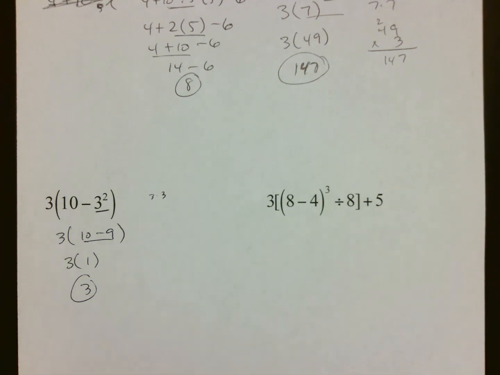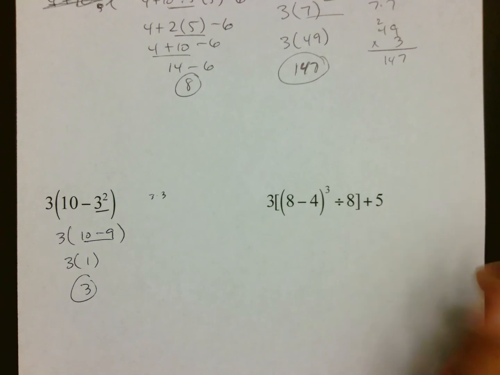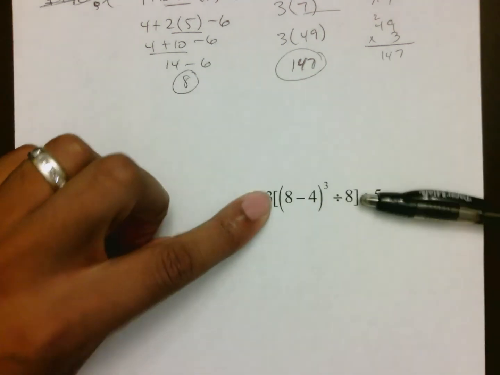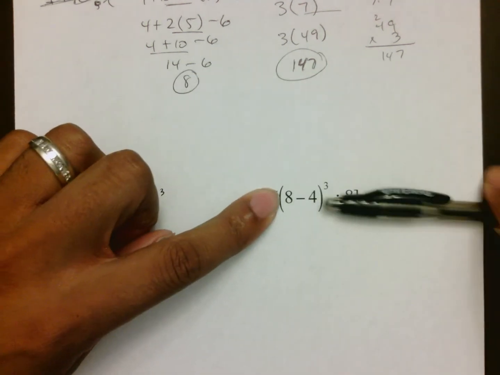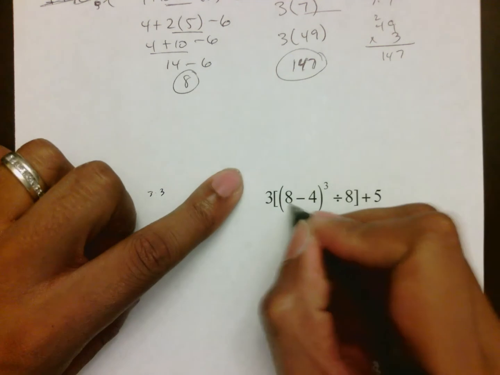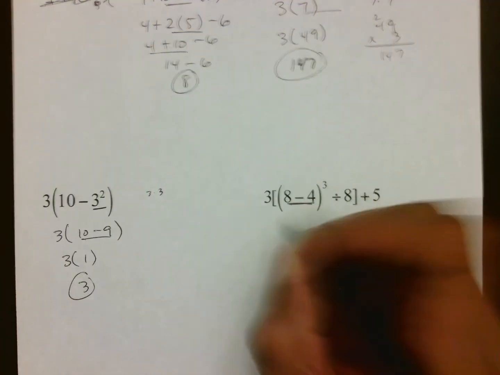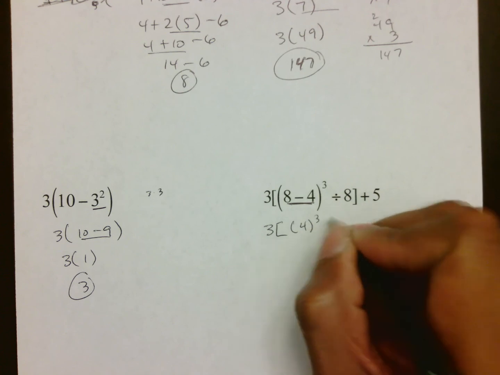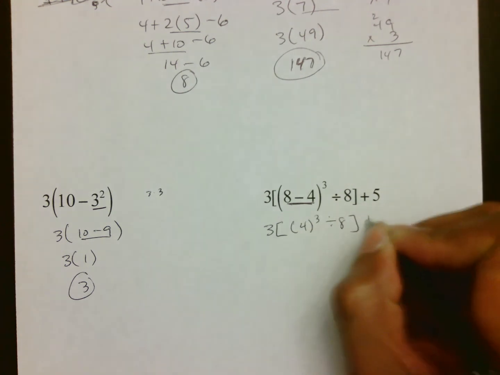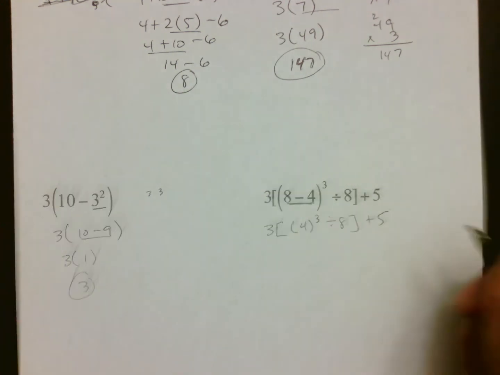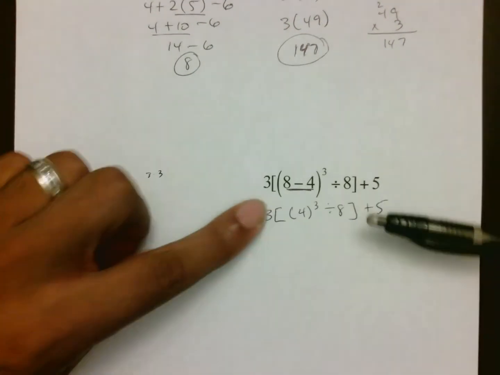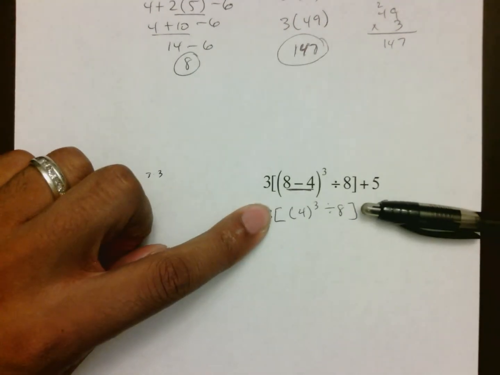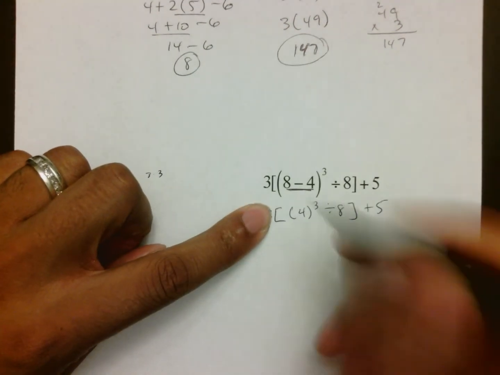Your fourth example shows us what happens when we have brackets and other things. Again, the first thing that catches our attention is the brackets, but inside those brackets is a parentheses, which means the first thing we do is 8 minus 4. So rewrite everything else carefully. Again, the hardest part to order of operations is the rewrite. Now inside of this we have this portion here, but again the most important part there is the exponent.